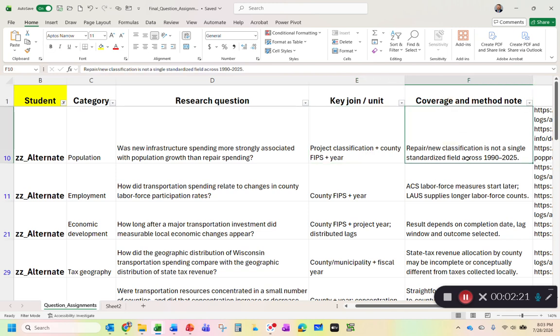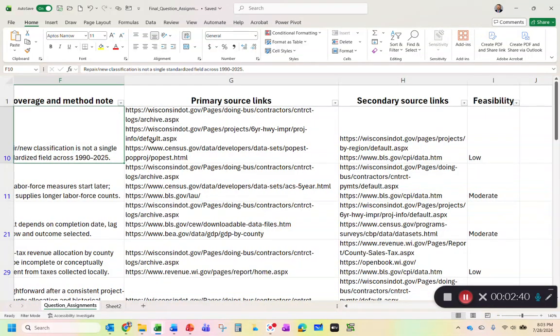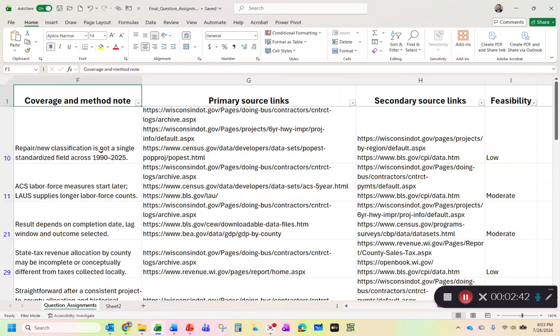The repair classification is not a single standardized field. And this went 1990 through 2025. I think that's because the book was 2025. The coverage and method note, I wouldn't worry about that. Then the primary and secondary source links.